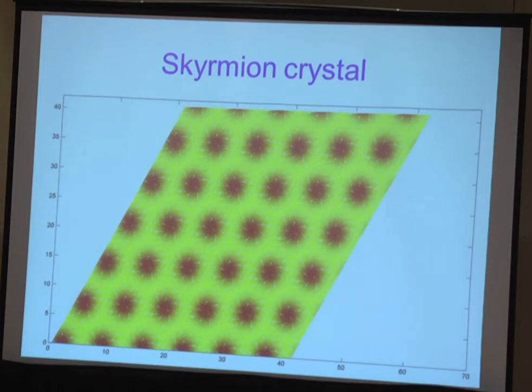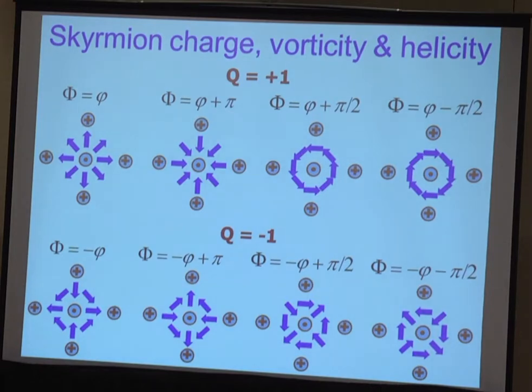So that's what it looks like, and it has actually more degrees of freedom than the Skyrmion crystal in ferromagnets. These are cartoons of a Skyrmion. This dot means spins out of the plane in the center of the Skyrmion, crosses mean that the spins are down at the periphery, and these are in-plane spins.